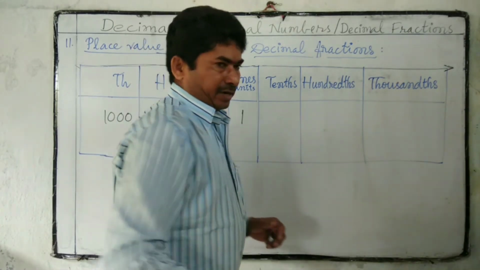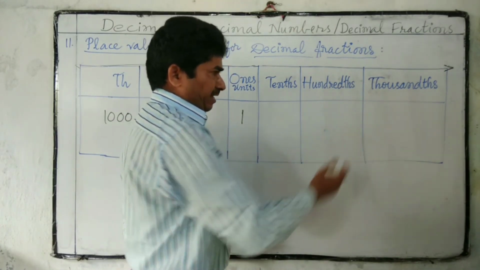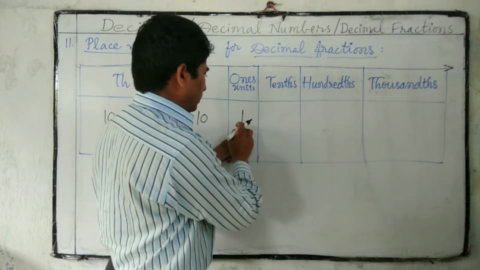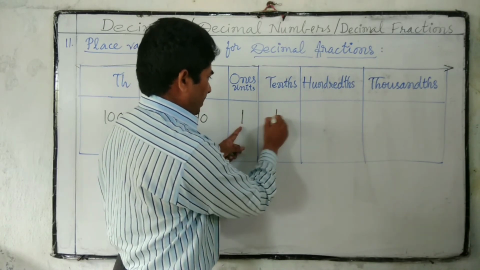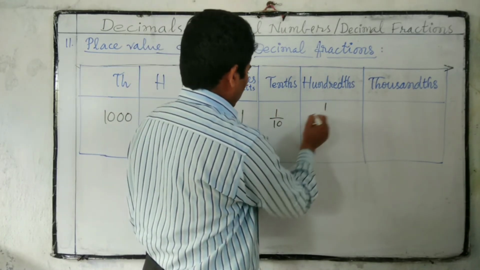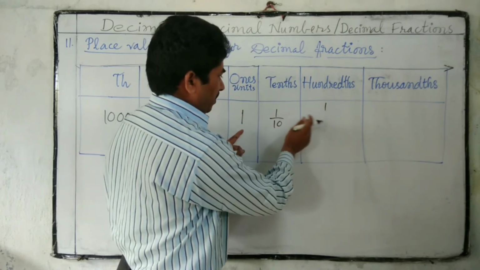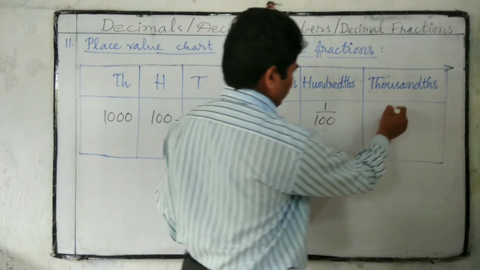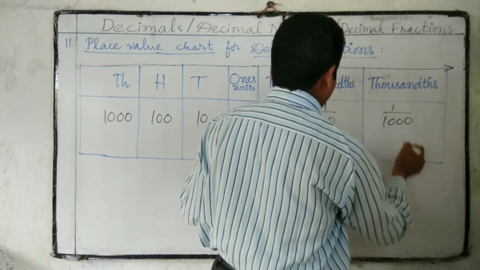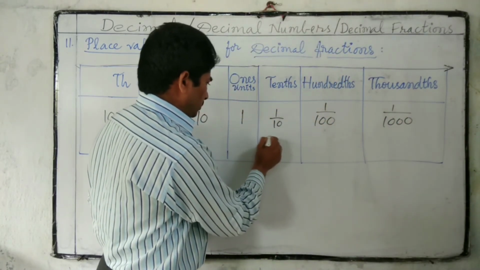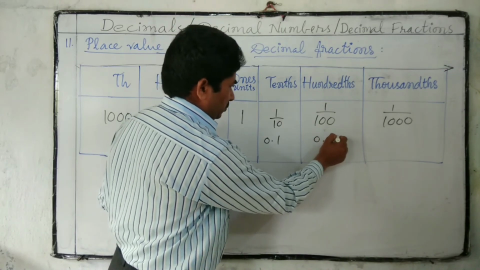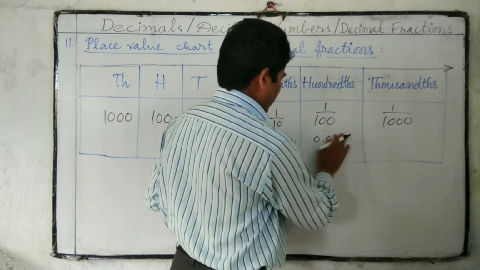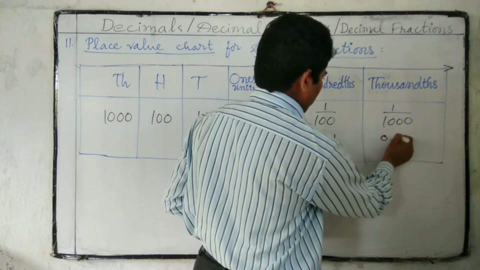What about on right side? On right side also decreases 10 times. So tenth of 1, 1/10. 100 times decreases, 1/100, 1/1000. We can write it 0.1, 0.01, sorry, 0.1, 0.001.